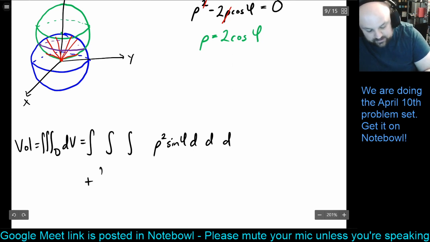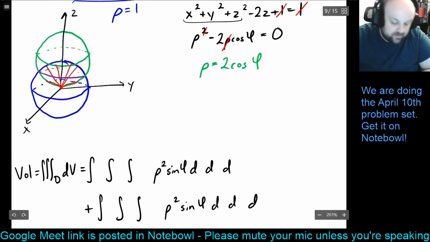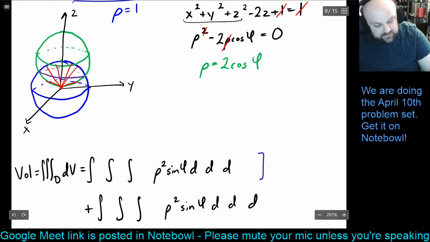I don't know why I said 3, probably because there's 3 integrals. All right, so let's figure out how to set up these integrals. Let's say the part that hits the blue sphere is the first one, and the part that hits the green sphere is the second one.